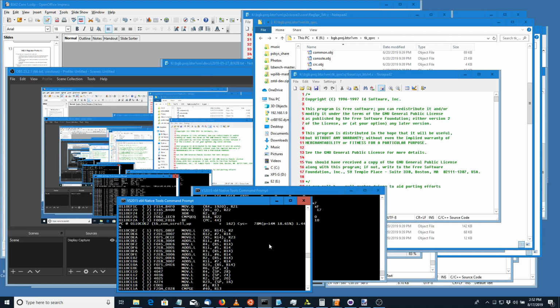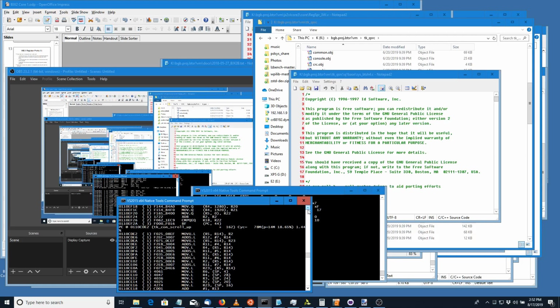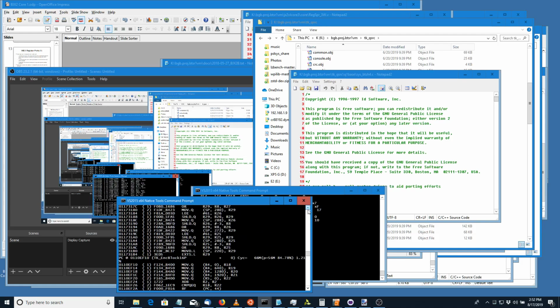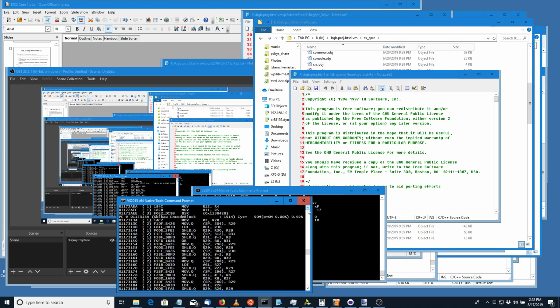If a person wants to write their own assembler, they can use a lot more WEX, but yeah.